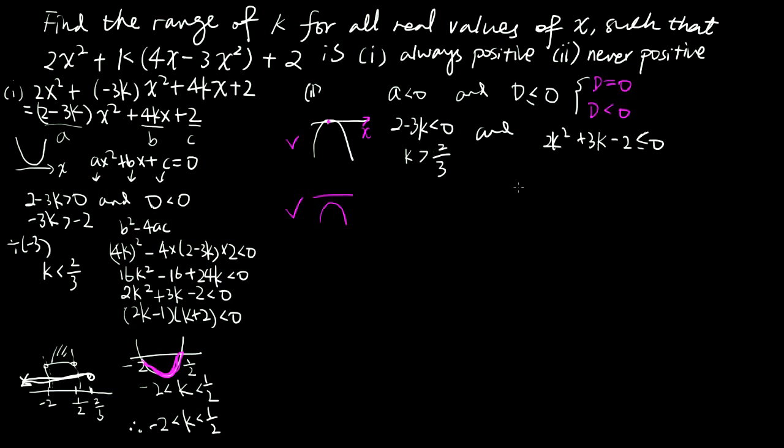And solve the second inequality, we still will do the factorization approach. Let me spend a little bit more time to talk about how we solve this. First of all, we shall factorize the expression, and then we will have the two solutions for the expression equals to 0, which is at negative 2 and half, right?